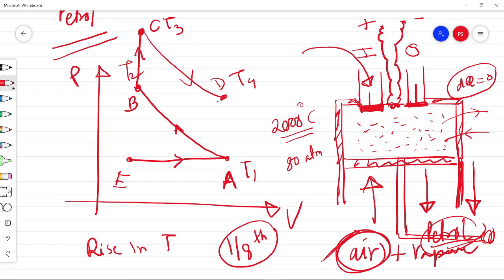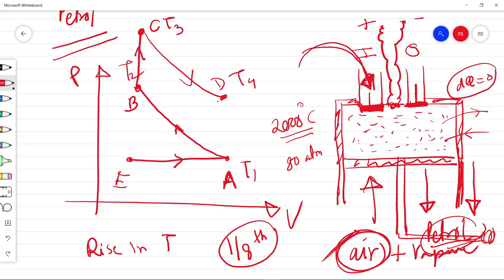At this stage of working stroke, when the system reaches point D, note that till this point D, both of these valves are closed. Now the work has taken place and the mixture has already burned. So it has to be removed from this cylinder so that a fresh mixture is allowed to enter inside.